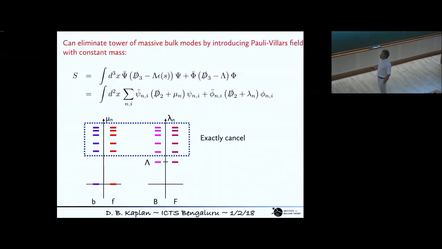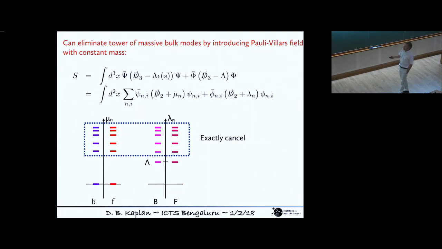Now, you have all these bulk modes you don't want, so what you can do is throw in a Pauli-Villars field, which has exactly the same action, except the mass, instead of having a step function, is just constant. Now you can go through the same procedure, expand this capital phi in terms of B and F modes, but because this lambda is constant, you get a different set of eigenvalues.